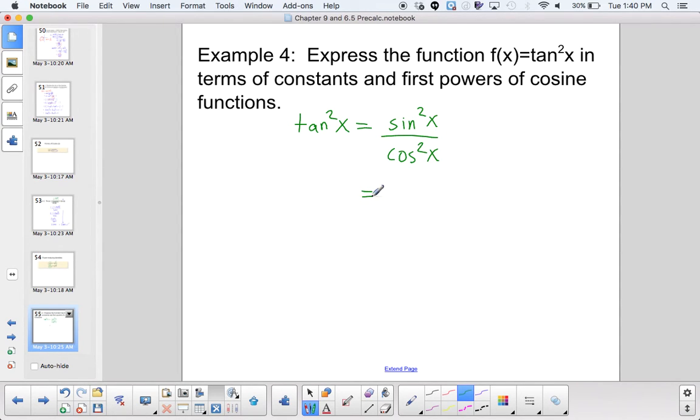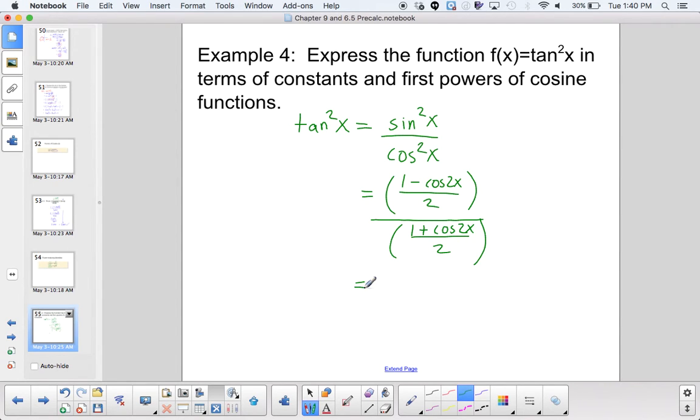Okay, and once I'm there, then I can use the power reducing. So I know that sine squared is going to be 1 minus cosine 2x over 2, divided by the cosine squared x, which, its power reducing would be 1 plus cosine 2x over 2.